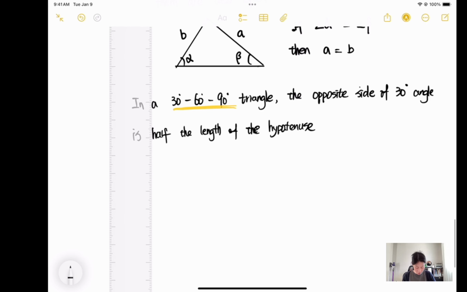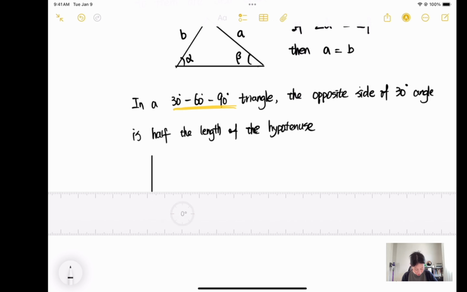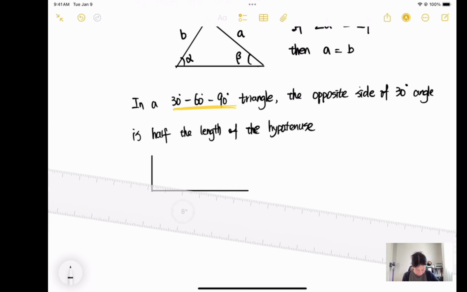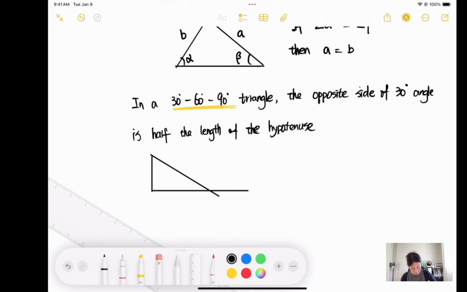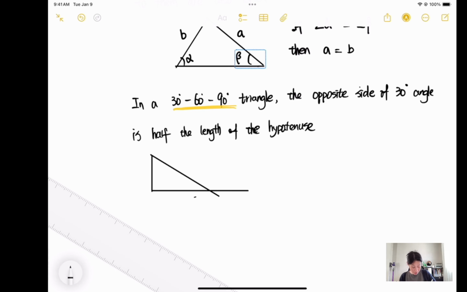So here we've got a triangle. So this is 30°. That means the opposite side of the 30°, if this side equals A, then the hypotenuse is equal to 2A.